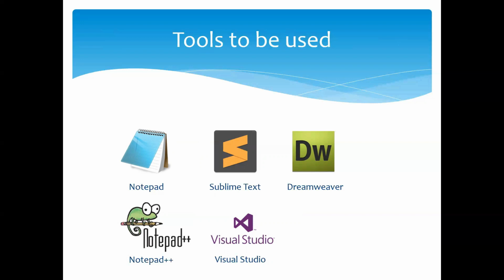Let me explain some benefits of using Sublime Text. It is a very lightweight application, less than 10 MB of space, and it gives you suggestions regarding the future code that we are writing. So every time we use any tool, let's focus on Sublime Text. However, we can use Dreamweaver and Visual Studio also.